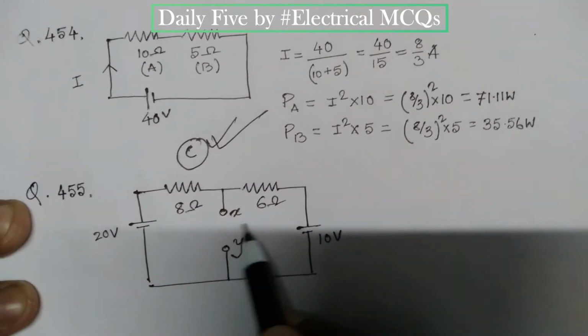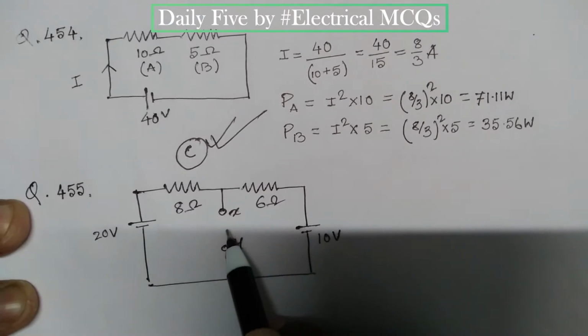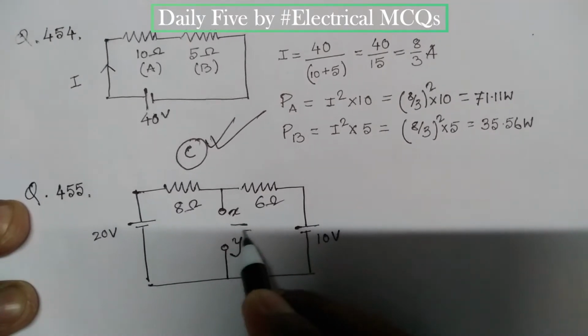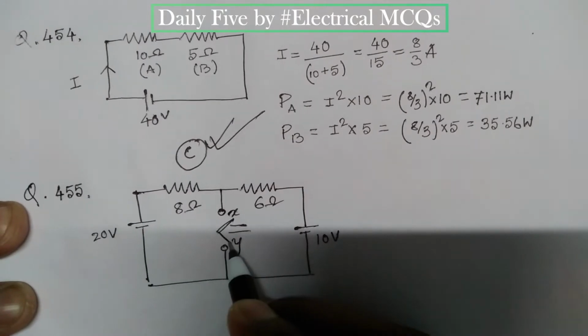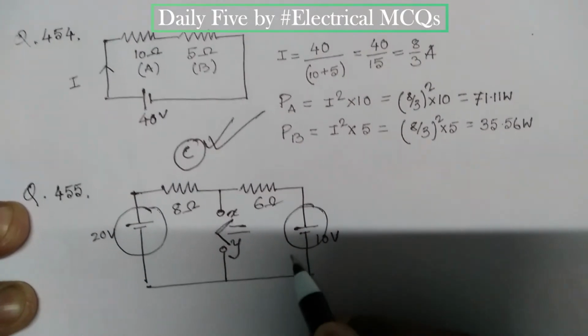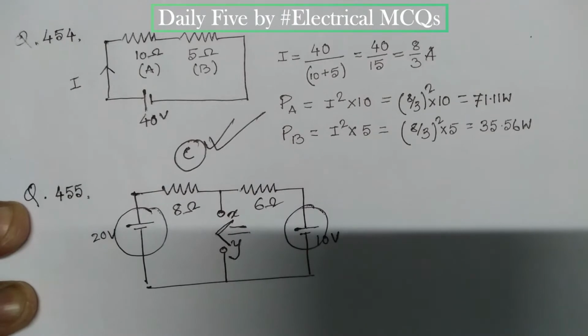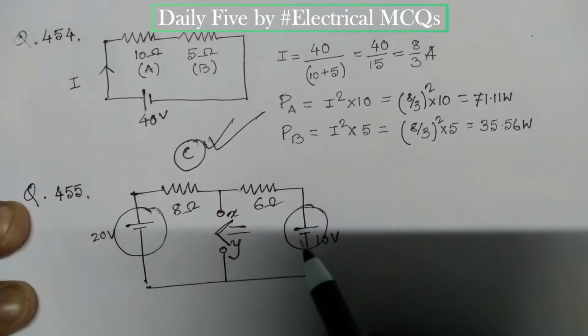So for finding the Thevenin equivalent resistance, we have to look into the circuit from these 2 points, and what we have to do is replace these voltage sources by their internal resistances. Now we know that the internal resistance of a voltage source is 0, so we have to make it short circuit.